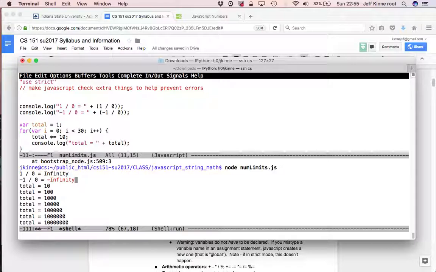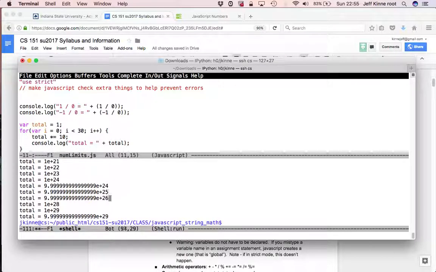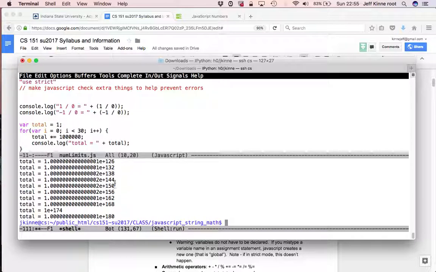So we do 10, 100, 1000, and then we get 10 to the 21st, 22nd, 23rd, 24th, 25th, 26th. There's some issue with binary versus decimal or something, number of digits of precision here. Let's make this go up faster, so let's multiply it by 1 million each time. Okay, so we should be increasing by 6 on the exponent each time.